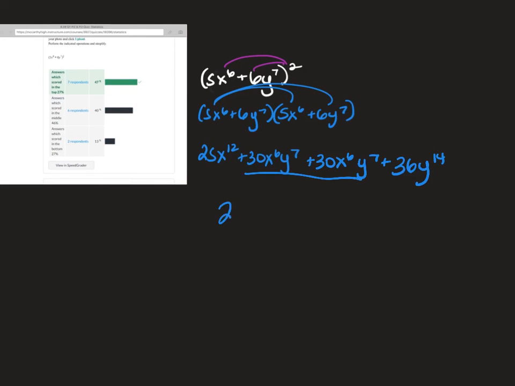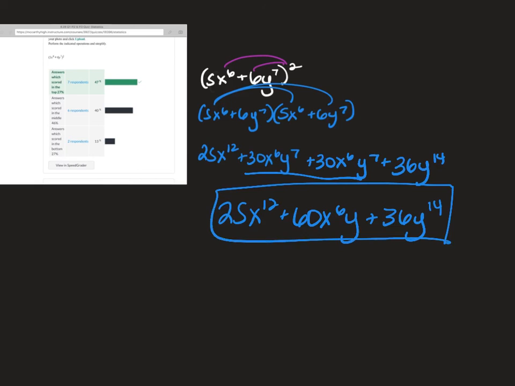And then these two can be combined, 25x to the 12th plus 60x to the 6th, y plus 36y to the 14th. So that should have been the whole answer. And again, there was obviously another version of the question, but it was the same process. A lot of you left off your middle term and just squared the two terms.